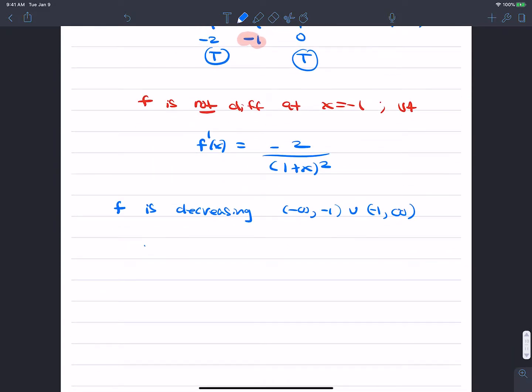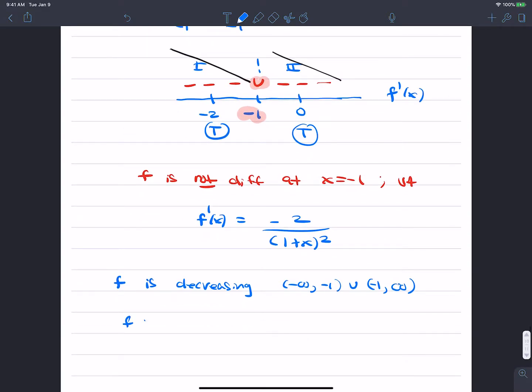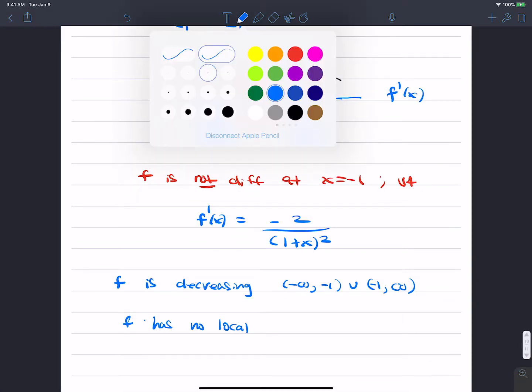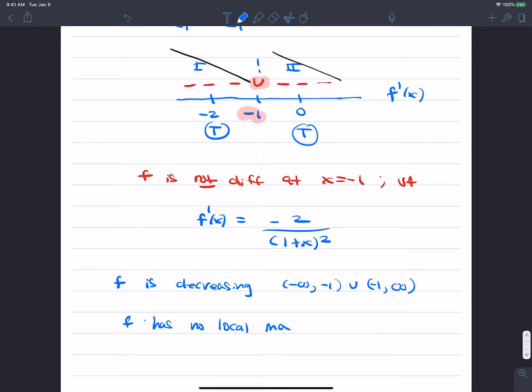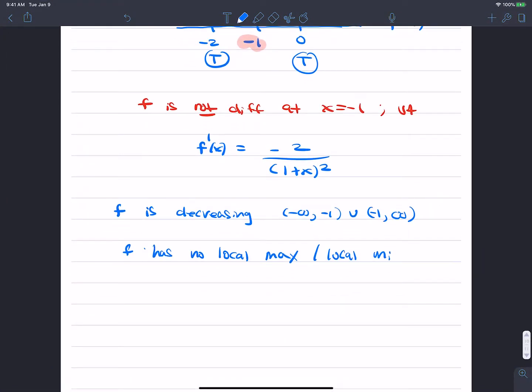The answer is no. So looking at this picture, we also know that f has no local max or local min.